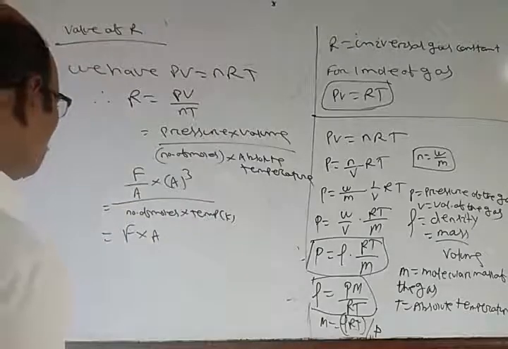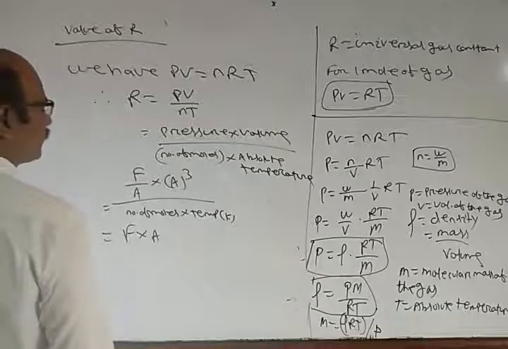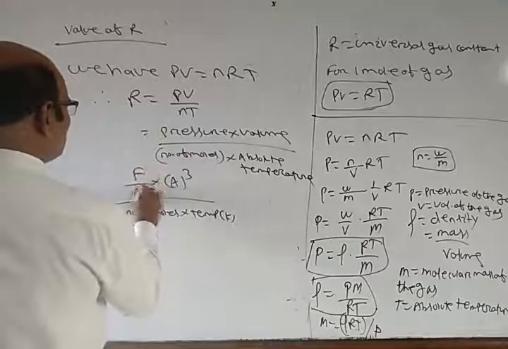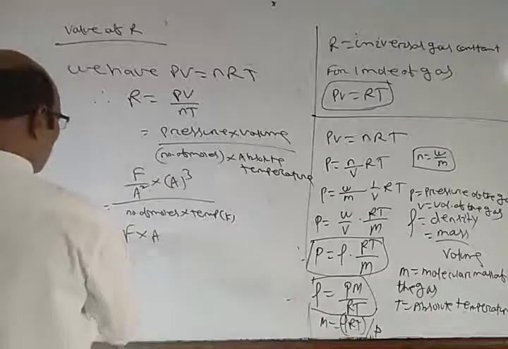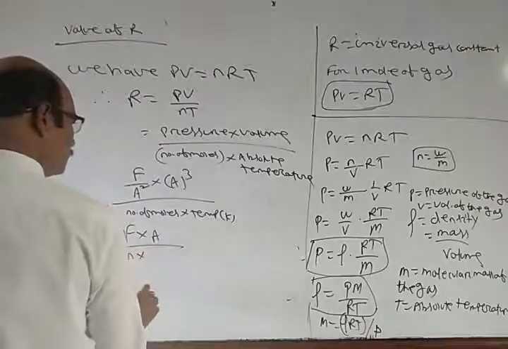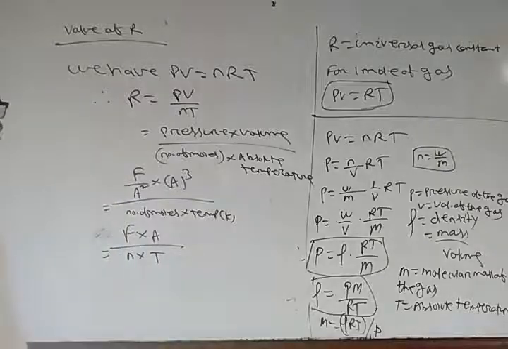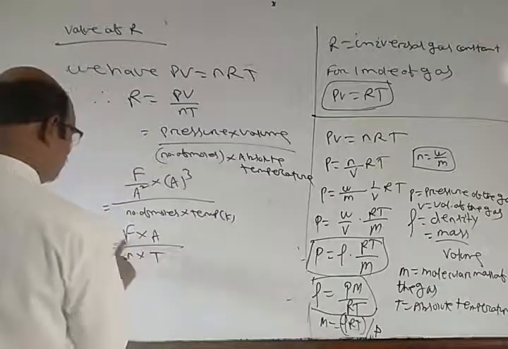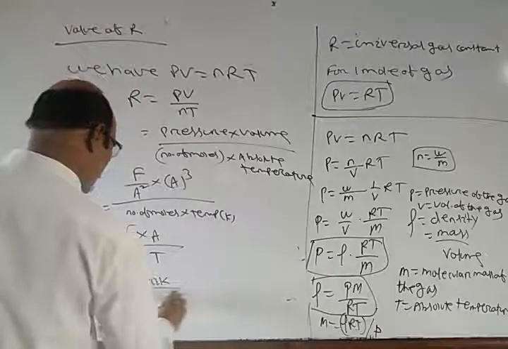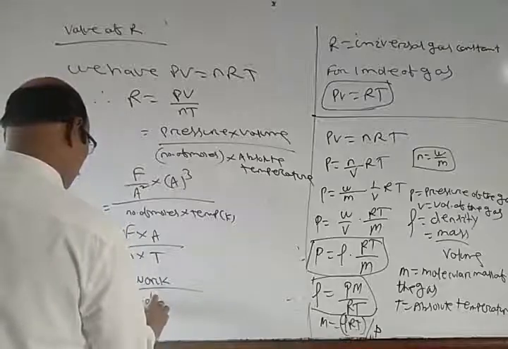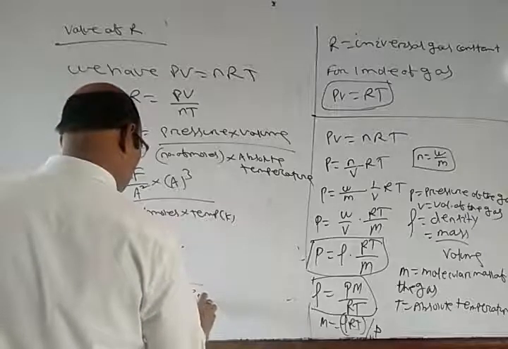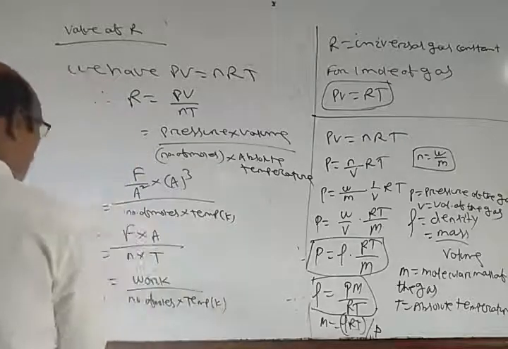So P equal F by A into volume A cube, force per unit area, A square, F by F into A by number of moles into temperature in Kelvin. This is equal to what? Work, force into displacement. So work by number of moles into temperature in Kelvin, R equal to.